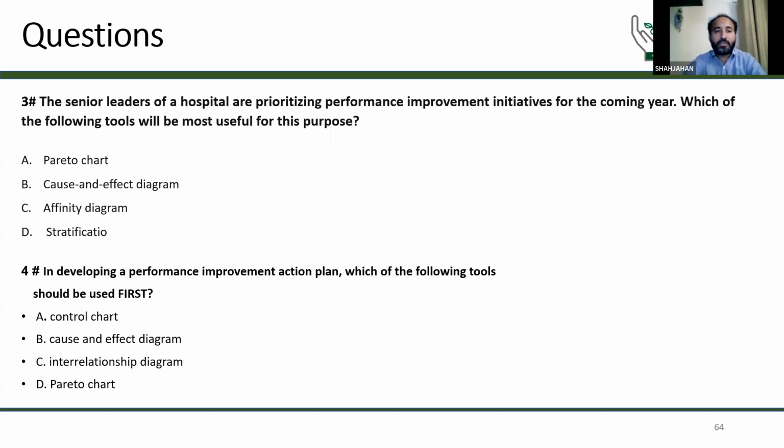The third question: the senior leaders of the hospital are prioritizing performance improvement initiatives for the coming year. Which of the following tools will be most useful for this purpose?